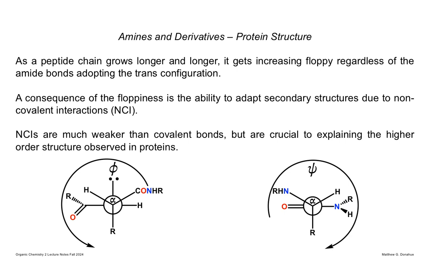So from the alpha carbon down to the amine group of the amide, so the nitrogen is in back here, you're looking at how that next amino acid is going to sit relative to that carbonyl. And then the same thing from the alpha carbon down to the amide carbonyl.